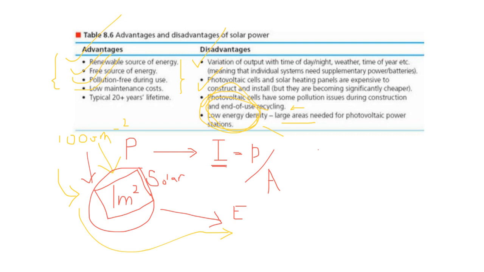If you have a solar panel of 1 square meter, you will get 100 joules out. If you build a bigger solar panel of 2 square meters, then you're going to get twice as much, 200 joules. So that's easy. How much energy do I need? And I can now go backwards and design the size of my panel.